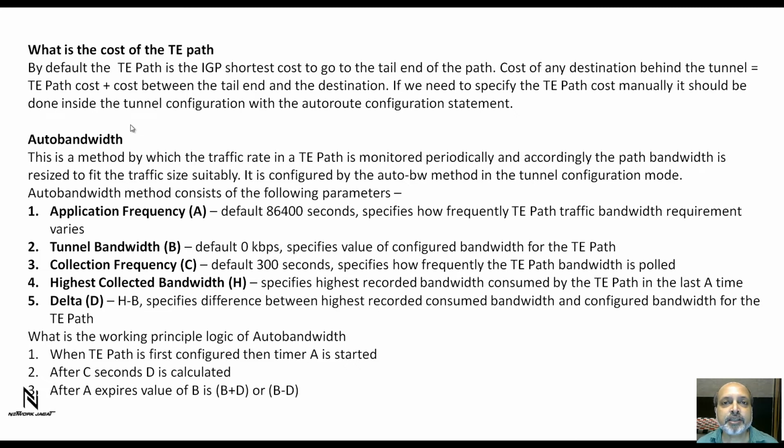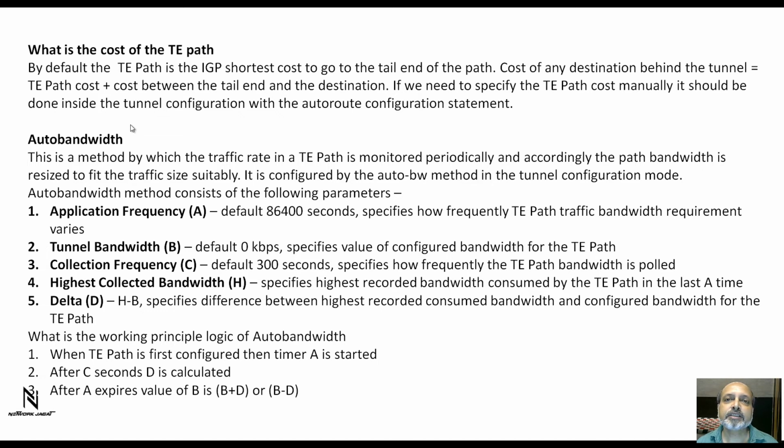CSPF is the design engineer who actually draws the blueprint for creating the path by specifying the explicit route objects. And then finally, RSVP, or the site engineer, actually develops that path on the basis of those route objects and does the maintenance and management of that path, right? So whatever is related to creation and maintenance of the path has been completed.